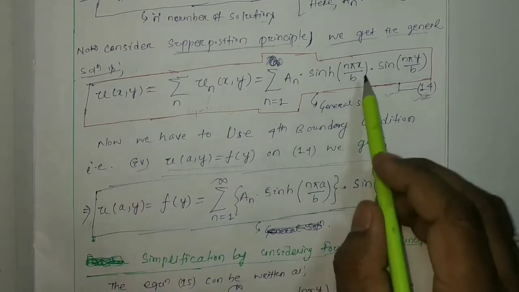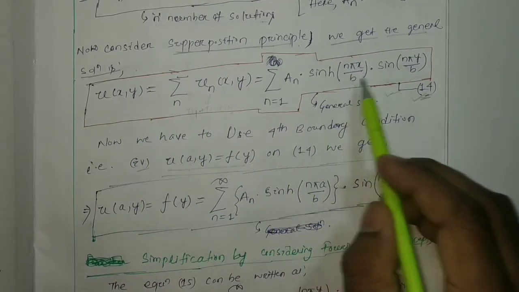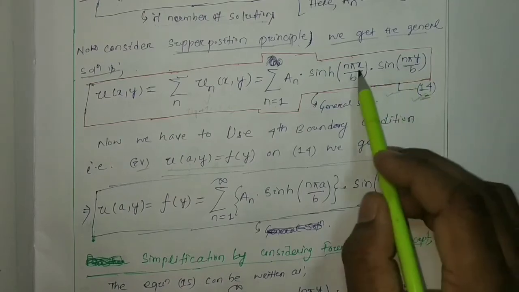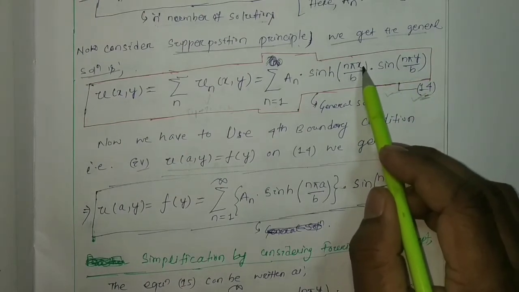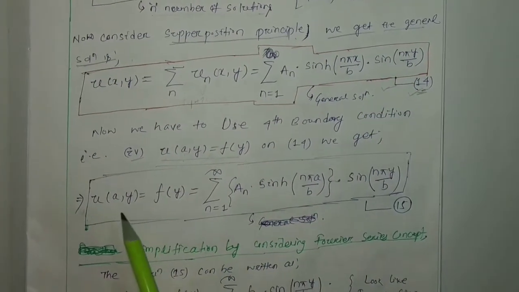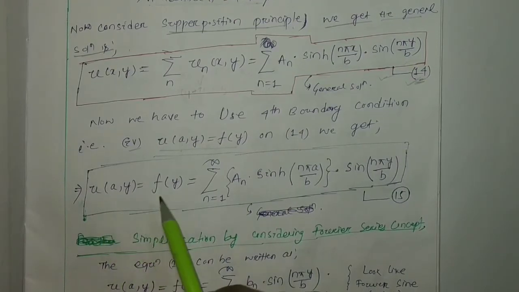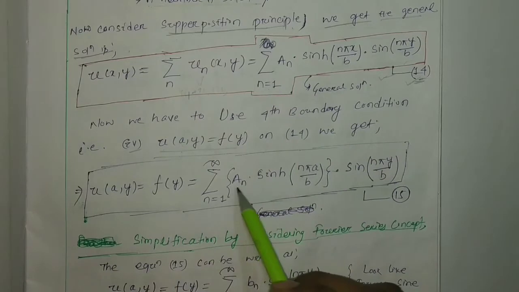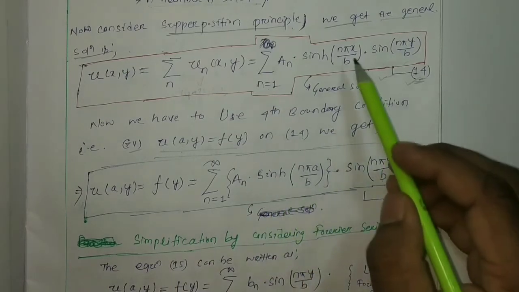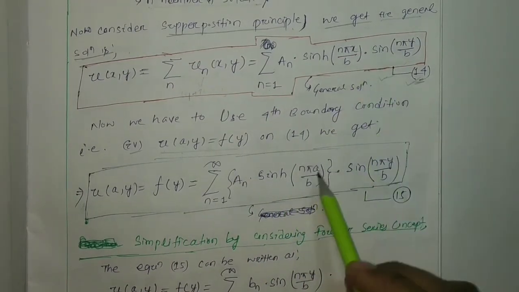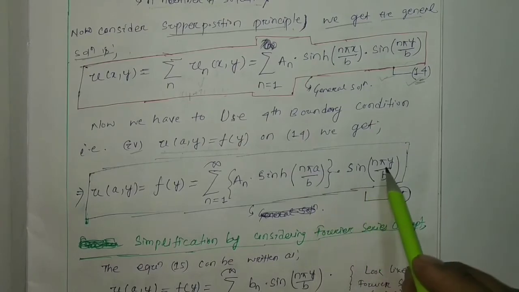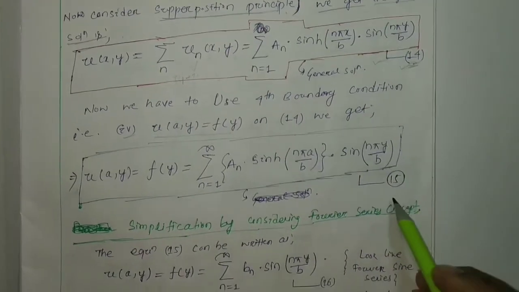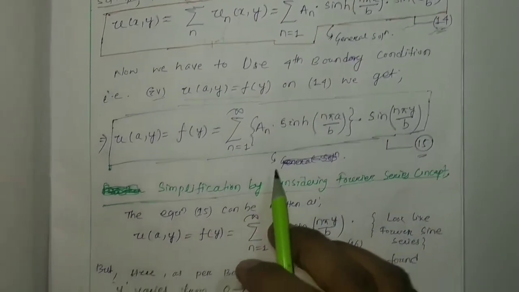So u(a,y) will be equal to f(y), equal to summation over n equal to 1 to infinity a_n sinh(n pi, instead of x we write a, by b) into sin(n pi y by b). Let this be your equation number 15.